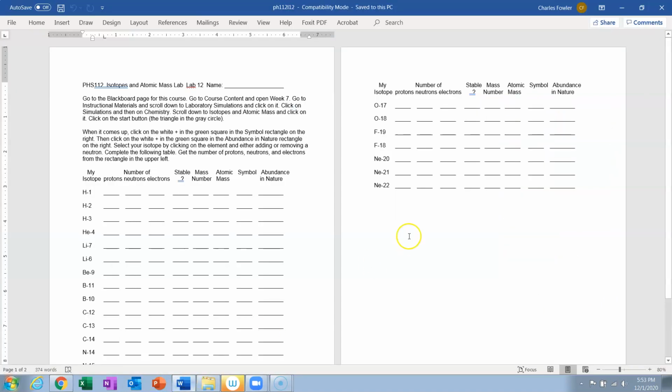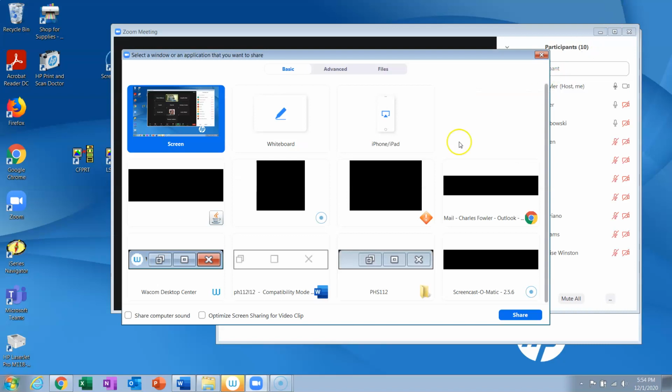There it is. Okay, that's going to be the lab. Now, does anyone need me to take them through Blackboard to see where to go to get it? Okay, I was going to say, even though there's no one here that may want it, I bet you there's some people not here that probably would appreciate it. So I'm going to minimize this for a moment and go to Blackboard.